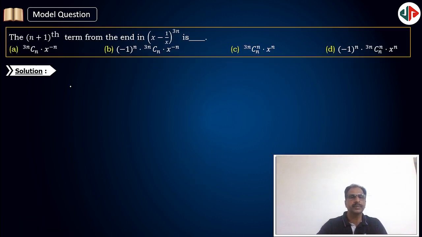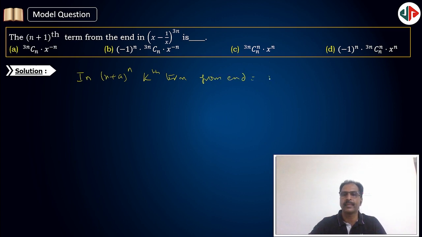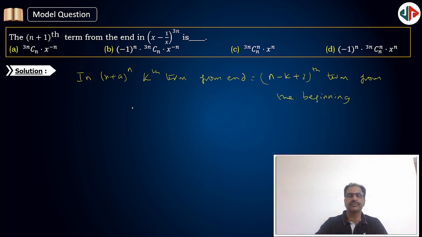Next question, the (n+1)th term from the end in the given expansion. For that, remember this shortcut. In (x + a)^n, the kth term from the end is the (n - k + 2)th term from the beginning.